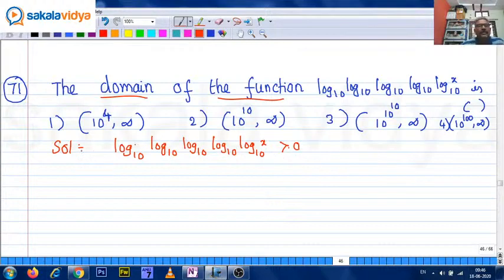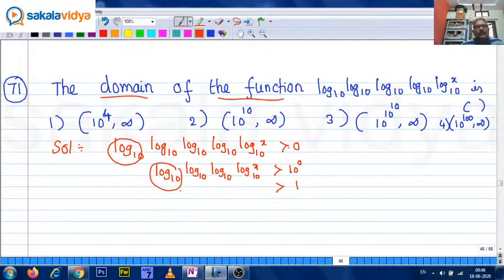So first we remove this log: log 10 log 10 log 10 log x base 10 greater than 10 to the power of 0, which is 1. Now remove the next log.